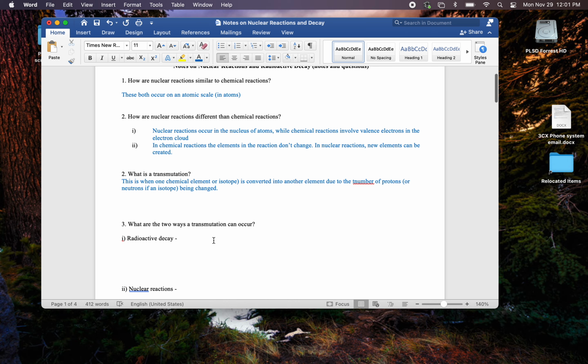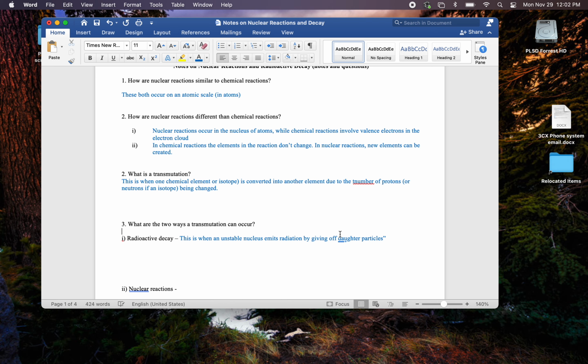Two ways that transmutations can occur. First is radioactive decay. This is when an unstable nucleus, usually a large nucleus or a nucleus with an unbalanced number of neutrons compared to protons, emits radiation by giving off daughter particles.